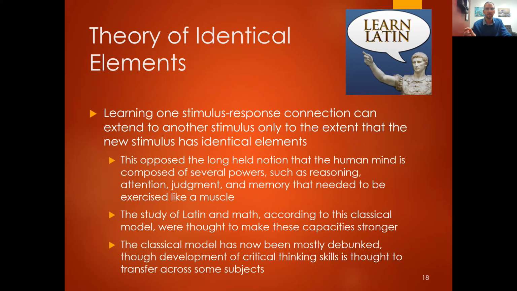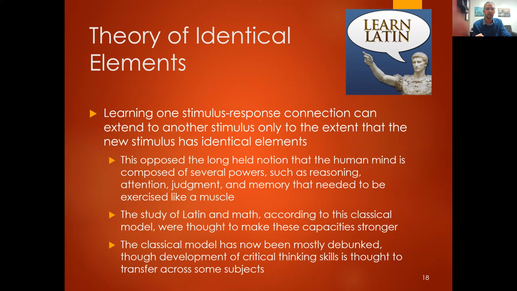And the important part of this is that for transfer of learning to occur, there needs to be some sort of elements that need to be similar. And that's important because prior to Thorndike, a lot of classical views of learning emphasized that things like reasoning, attention, judgment, memory, are kind of like a muscle, and if you exercise it, it gets stronger.